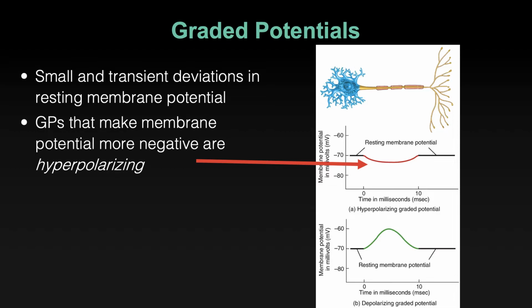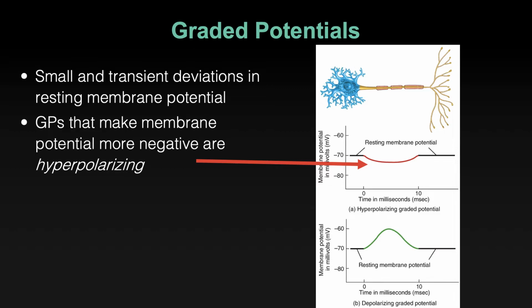It prevents it from turning on. This is what we call a hyperpolarizing graded potential. Whatever the signal was, it opened up a potassium channel that allowed potassium to escape. Positive things leaving makes the inside more negative or hyperpolarized.